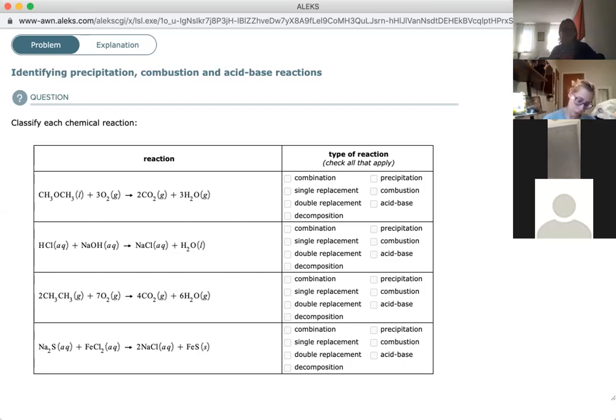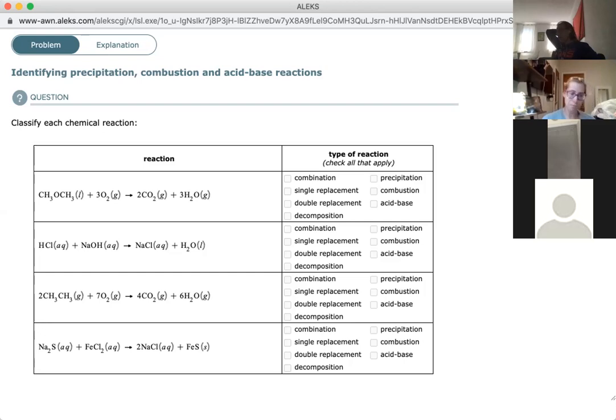The first thing I would say is that you should memorize not the formula, but the general format of a combustion reaction. The combustion reaction is one of the most important reactions in nature for us. Combustion is the reaction that we use to metabolize energy, so combustion is essentially what we do when we digest food.